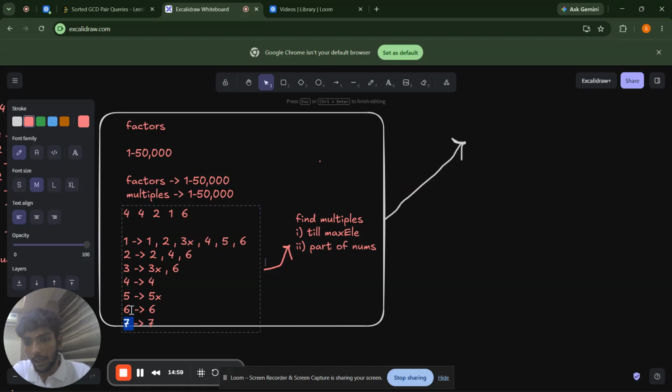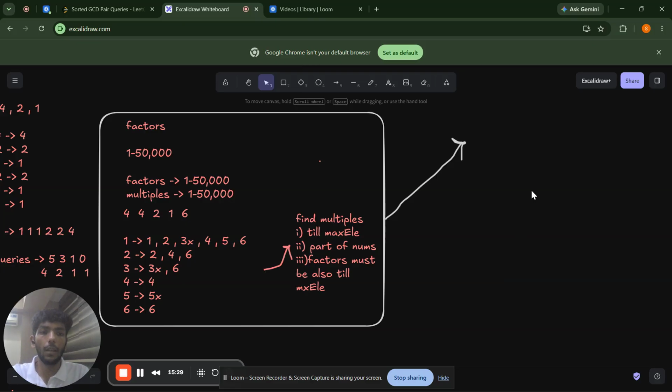It is greater than the maximum element. So what we have restricted is: find multiples till the max element, only those that are part of the elements, and the factors must also be till the max element. We need to consider this sequence.